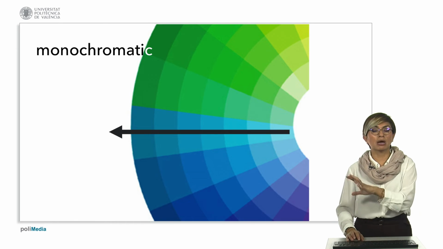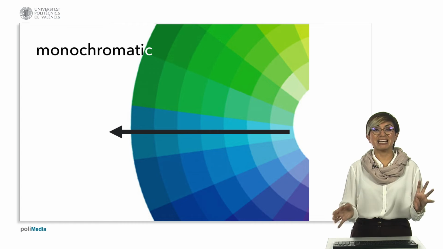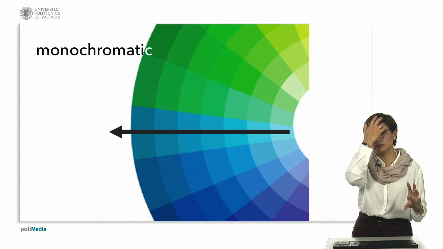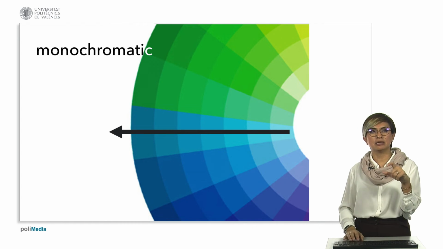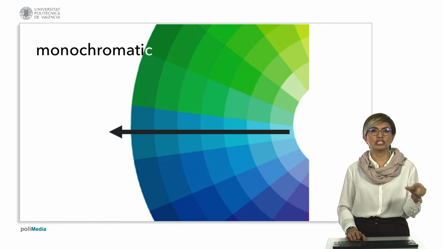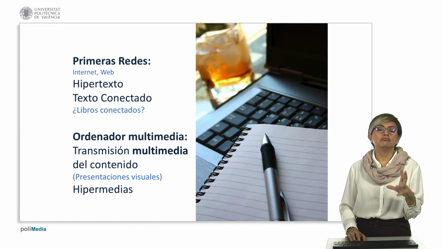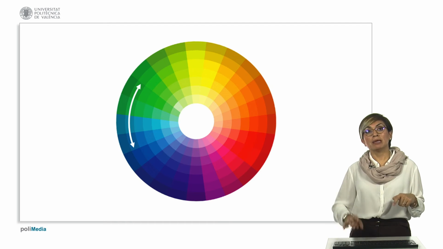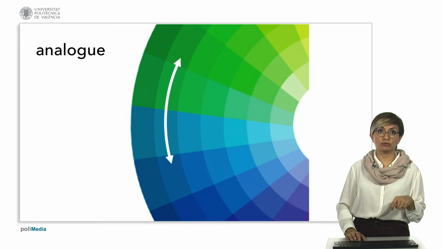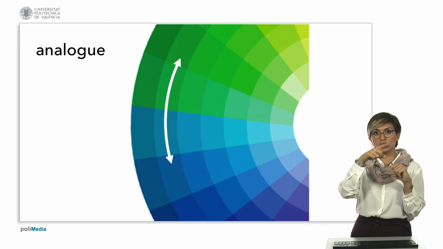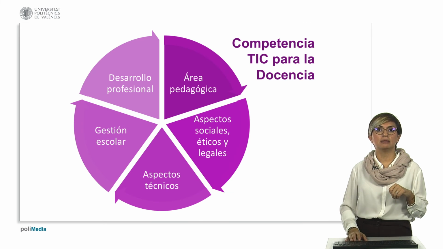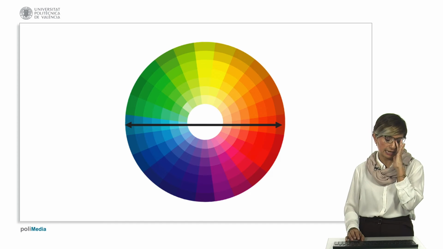First, use a monochromatic palette: the same color but in different lights or different shades normally works. Or maybe you can use analogous colors. Those colors that are close to each other in the color wheel normally work perfectly in the slides.